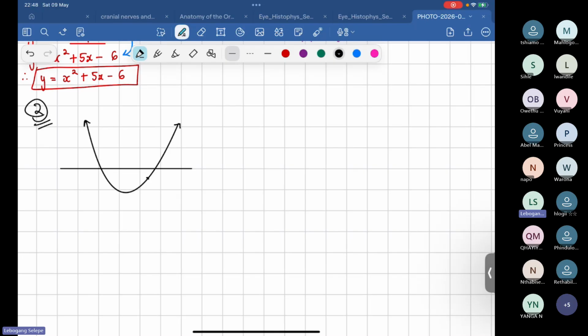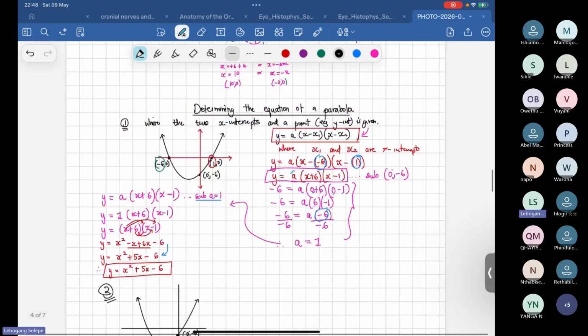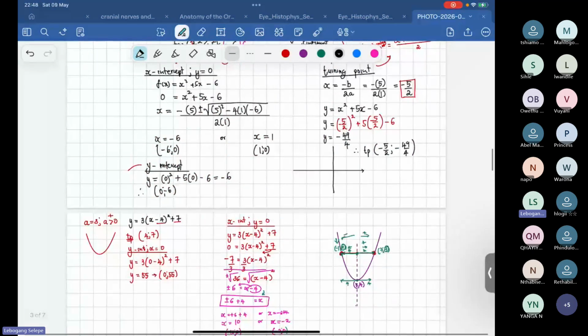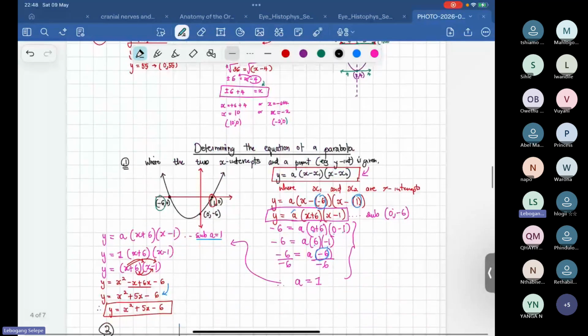I am still giving you the y-intercept. That's (0, -6). And then I'm giving you the turning point as, let me see what it was, (-5/2, -49/4).